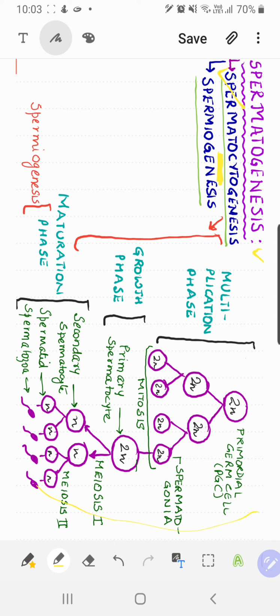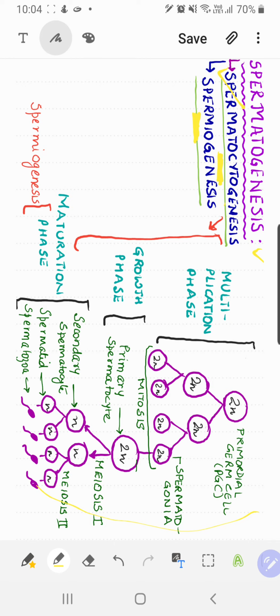And the second one would be spermiogenesis. So these two terms are different, and the whole spermatogenesis is divided into these two subheadings.